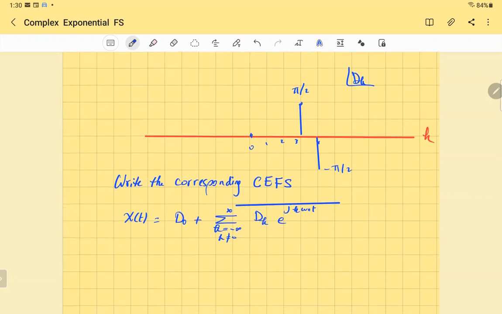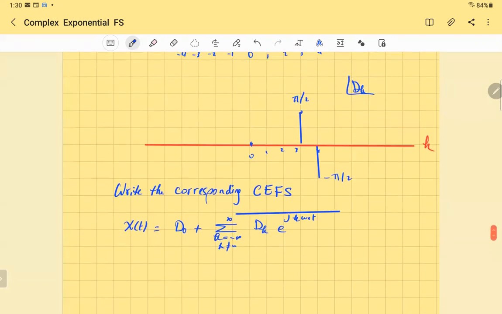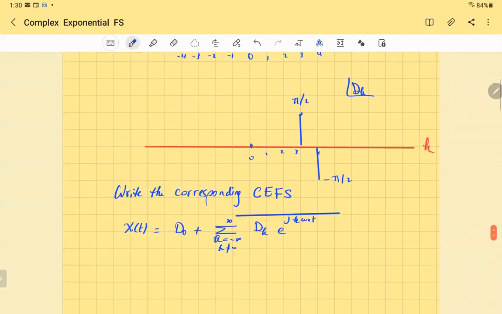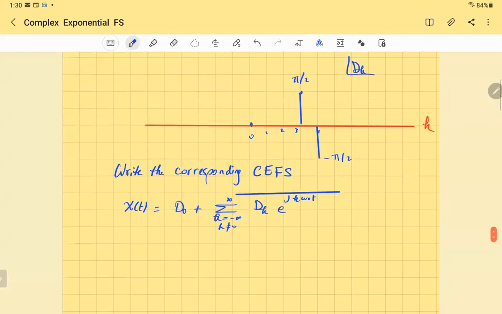So how many terms? I have up to 4, nothing after 4. So I will do k from minus 4 to plus 4.